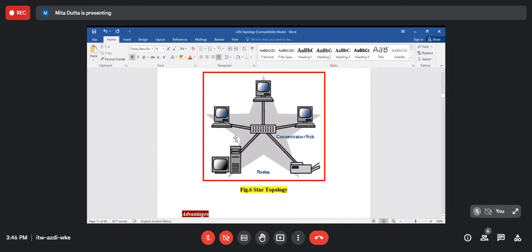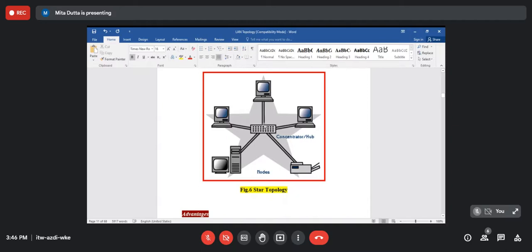Say, when this node wants to send information to this workstation, it will first send the information to the hub, and then, because all of the stations are connected to the same hub, all of the stations will receive the information.